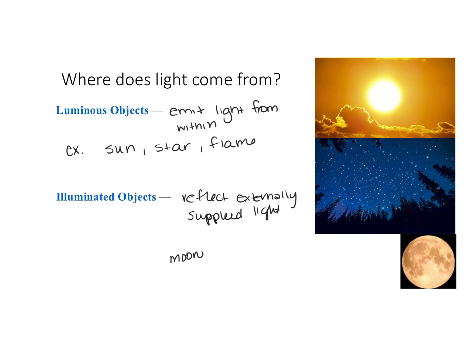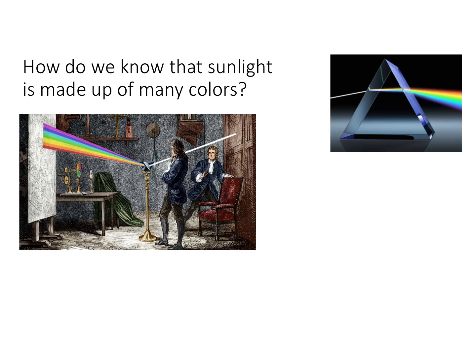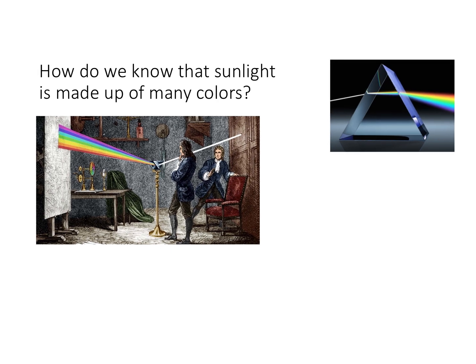Now, how do we know that sunlight is made up of many colors? The complex makeup of white light was first studied by Isaac Newton. Right.